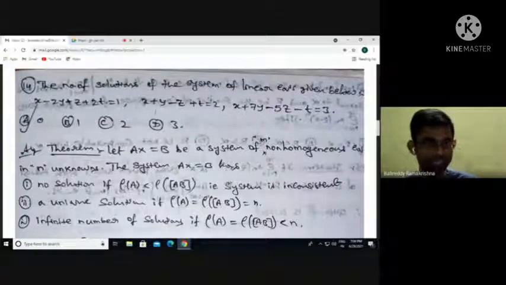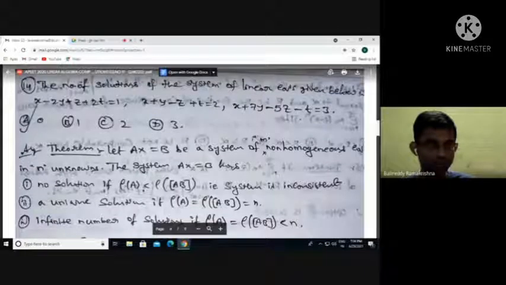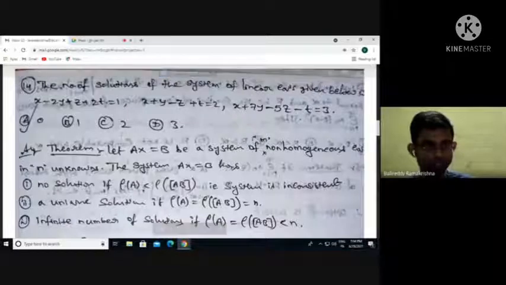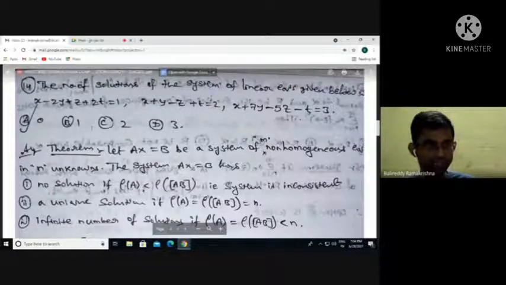That is the first equation. And the second equation is x plus y minus z plus t is equal to 2. And the third equation, x plus 7y minus 5z minus t is equal to 3. And the four options are option A 0, option B 1, option C 2, option D 3. So here also we have to choose one correct option from these 4.